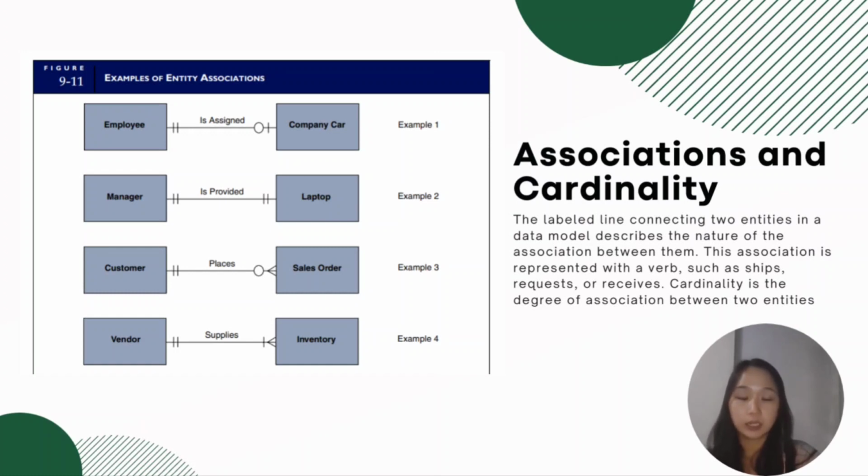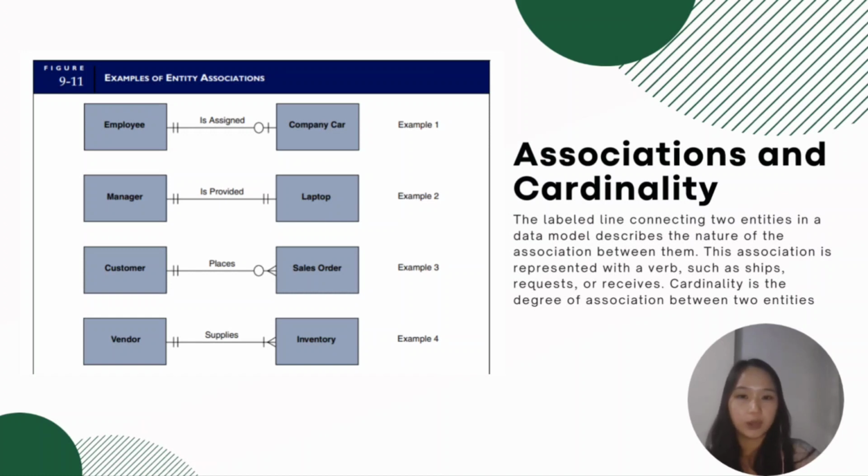Simply stated, cardinality describes the number of possible occurrences in one table that are associated with a single occurrence in a related table. Examples of cardinality are possible: 0 and 1, 1 and only 1, 0 or many, or 1 or many. These are combined to represent the logical association between two entities.